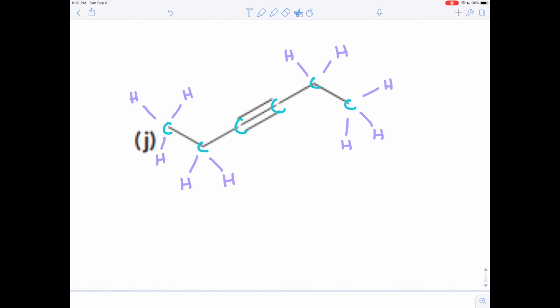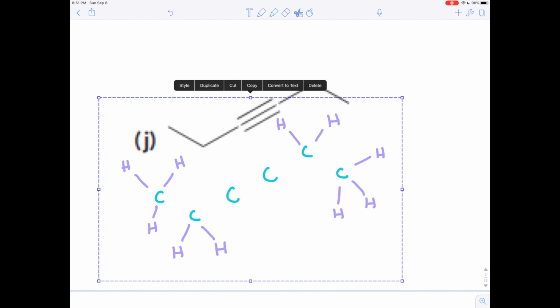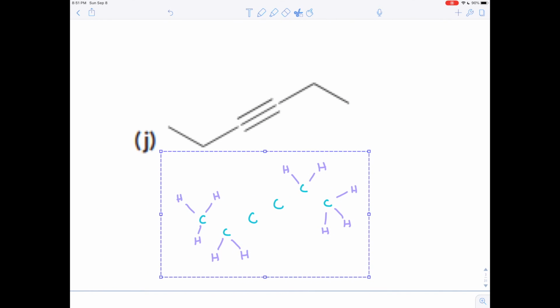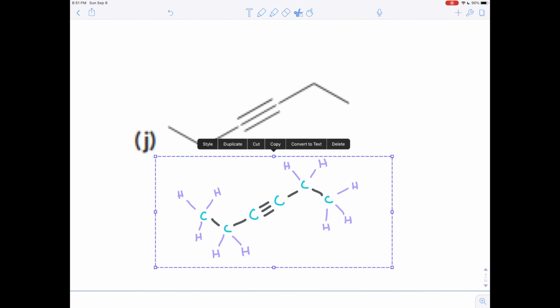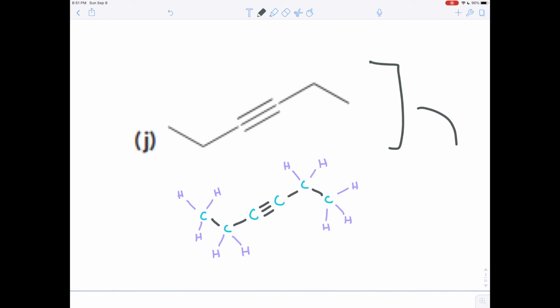So that carbon would be bonded to 3 hydrogens. And so this molecule here on the top and the molecule on the bottom are really the same thing. So when you look at this molecule on top, you'd want to see that molecule on the bottom.